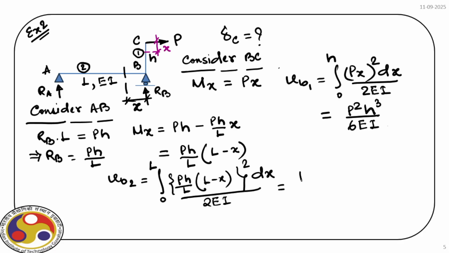So we have P square H square divided by twice EI L square, then integration from 0 to L of (L minus x) whole square dx.